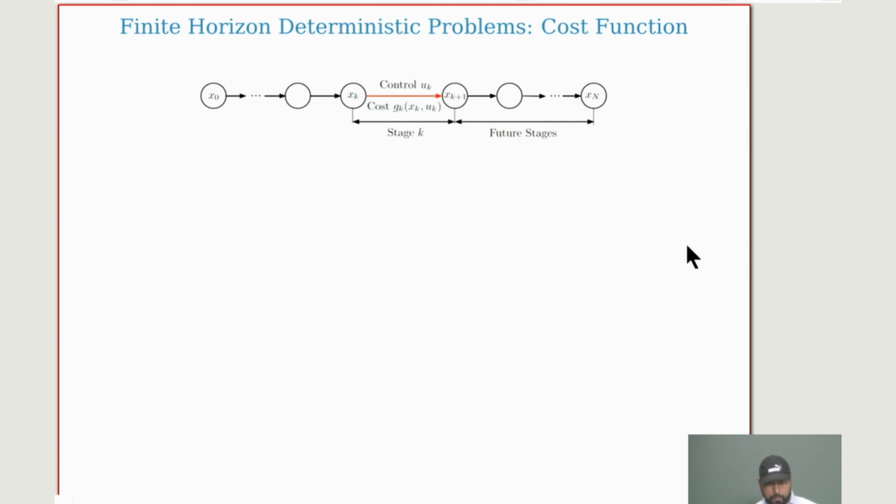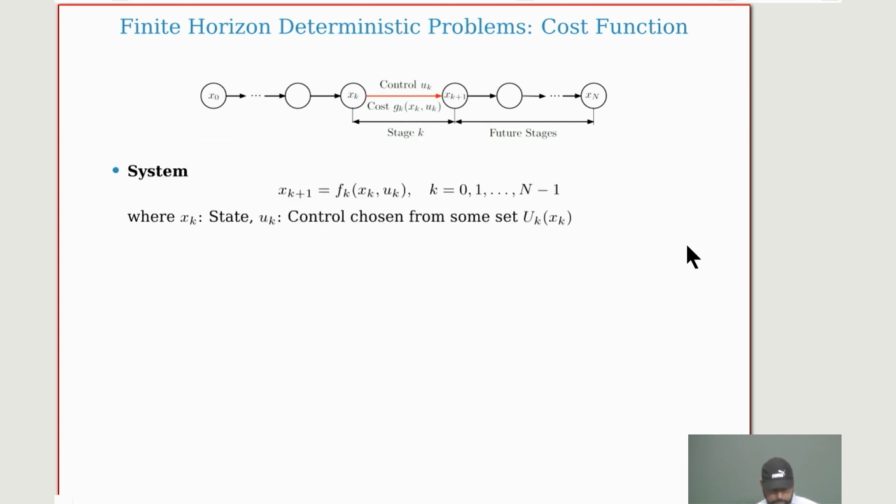So let us look at the cost now. How do we write down this cost? This is our system. Xk plus 1 is obtained from fk, xk, uk, and the cost function will add up obviously. So we have the terminal cost, which is gn, xn. At the last step, how did I reach xn?